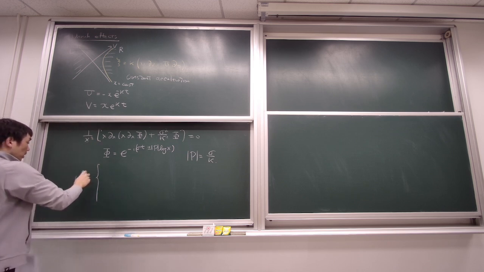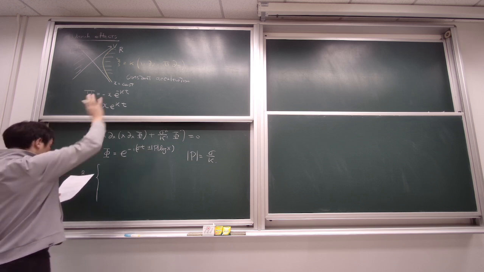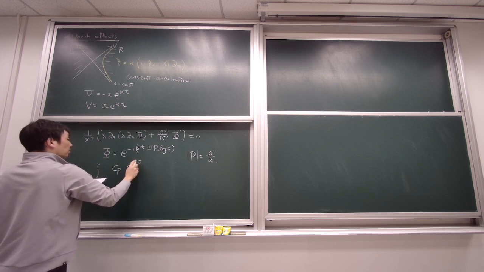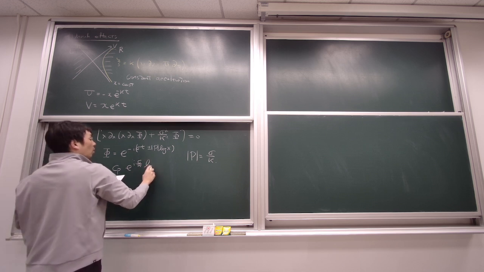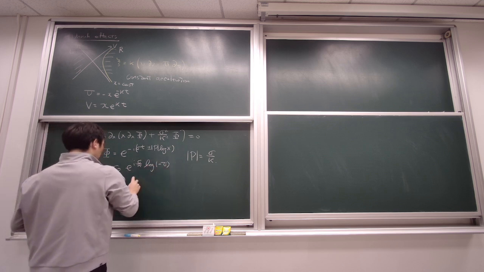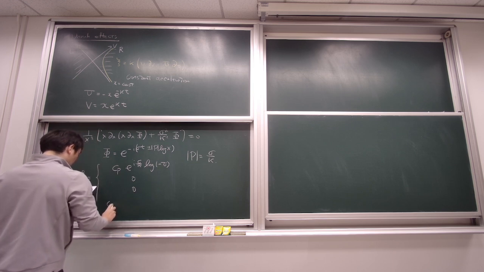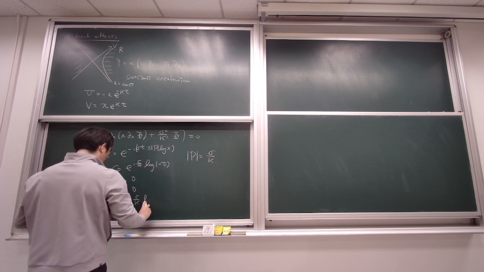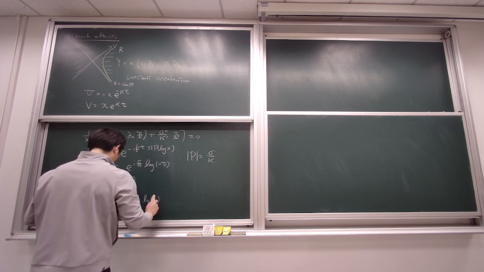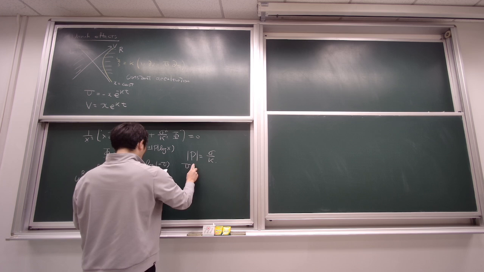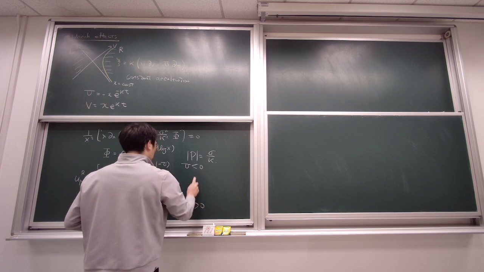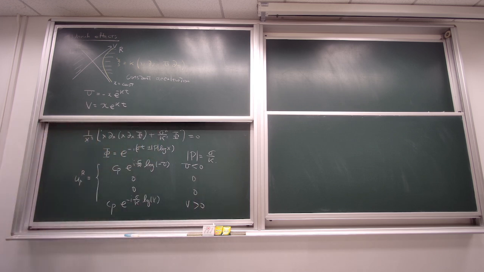If you consider the mode in the right Rindler wedge, we have something like C_p e to the i sigma over kappa log minus U, and C_p e to the minus i sigma over kappa log B, where U is less than 0 and B is greater than 0. So this is the mode that satisfies the Klein-Gordon equation.